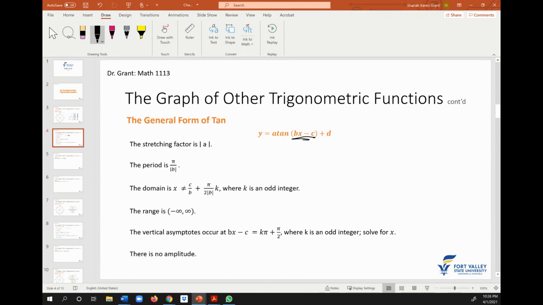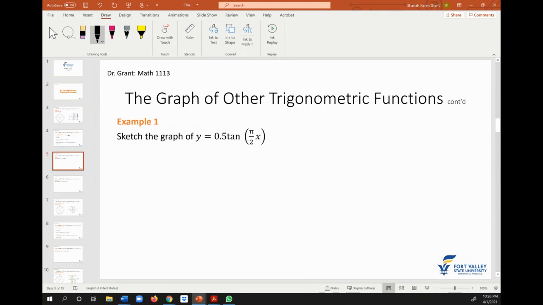So recall that when we're talking about a vertical asymptote, we're looking for an equation of a line, okay? And so in this case, x will be equal to whatever we solve and get for that equation. So looking at an example, let's say you want to sketch the graph of y equals 0.5 tan of pi over 2x. So first, let's identify our a.